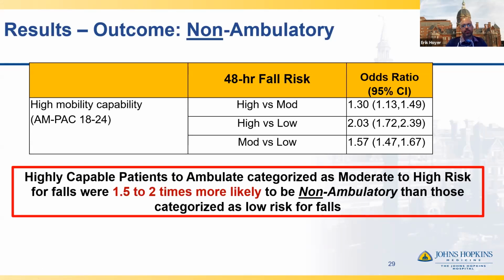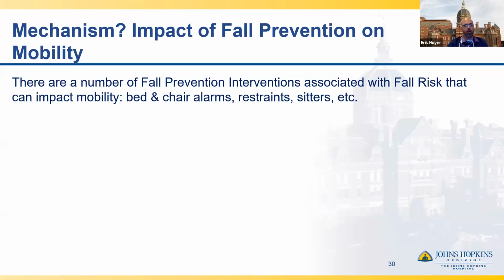And we saw that relationship also consistent when we compared moderate versus low and even high versus moderate. So we really see that stepwise relationship. In summary, highly capable patients to ambulate categorized as moderate to high fall risk were about 1.5 to 2 times more likely to be non-ambulatory than those categorized as low fall risk.